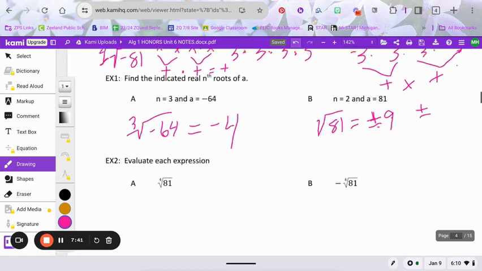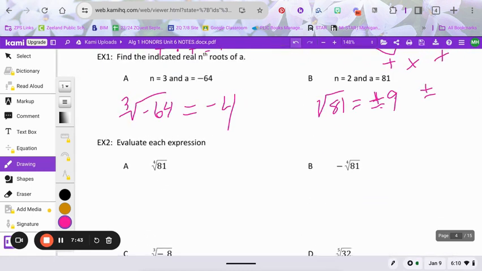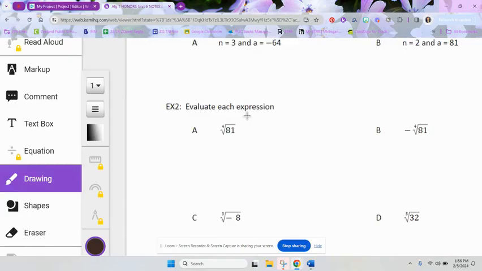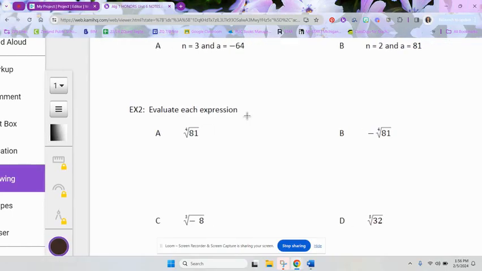Now for these examples down here, this is going to show you how to differentiate which root they want. For A and B, we've got the 4th root of 81, but you'll notice that this one is just the 4th root of 81, and this one has a negative on the outside. That negative on the outside is going to indicate that you need to put the negative root.